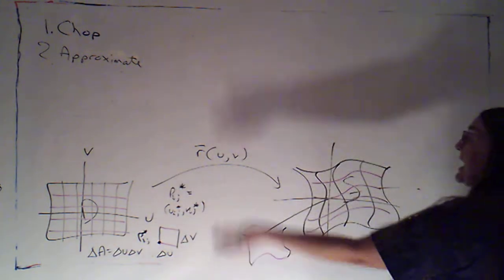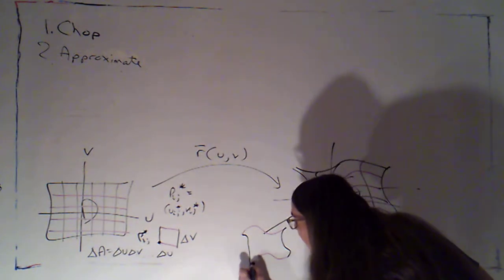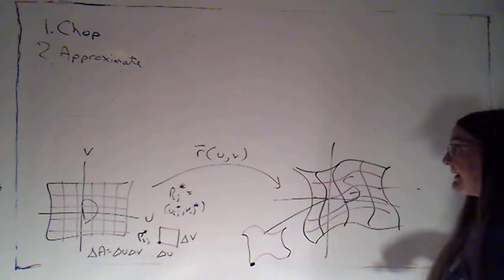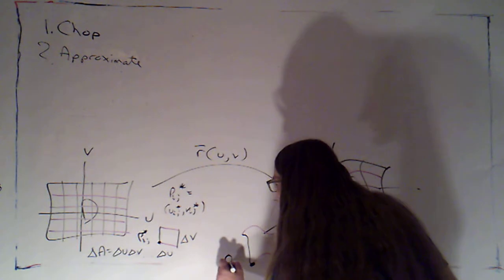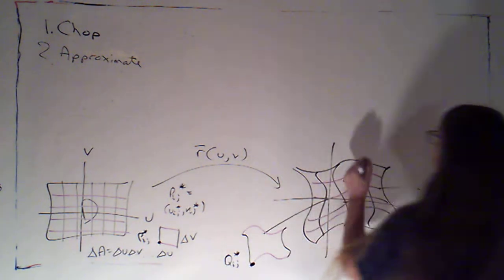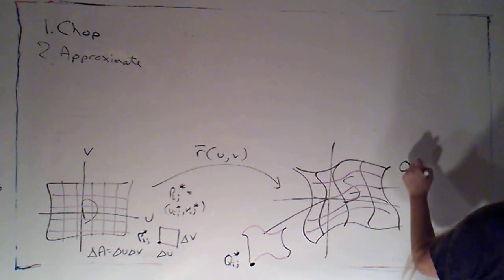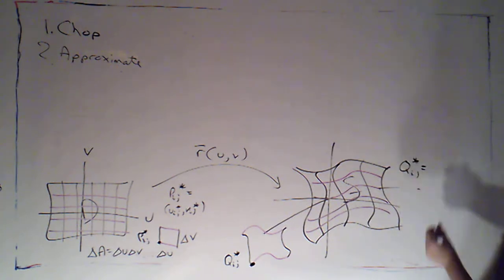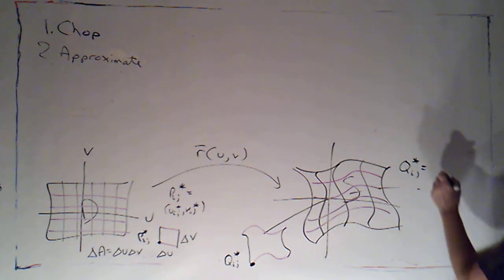Now, let's suppose that that maps to a point here. I'm going to call that Qij star. Qij star is going to be a point in 3 space.